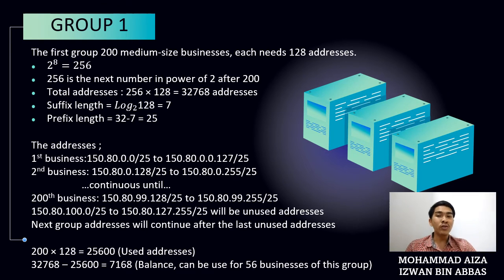After that, we find the balance of addresses that can be used for 56 more businesses of this group. We subtract the used addresses, 25,600, from the total addresses, 32,768, and we get 7,168.